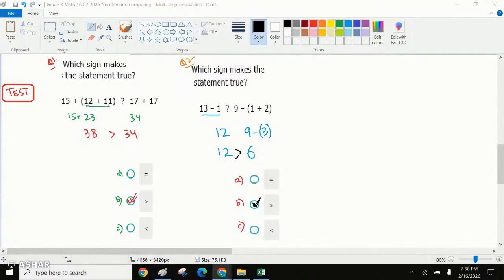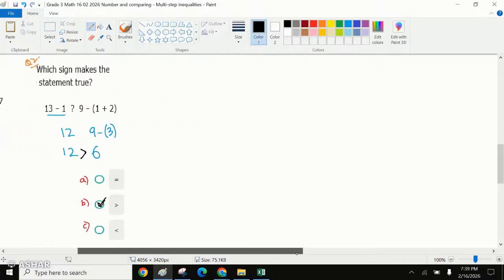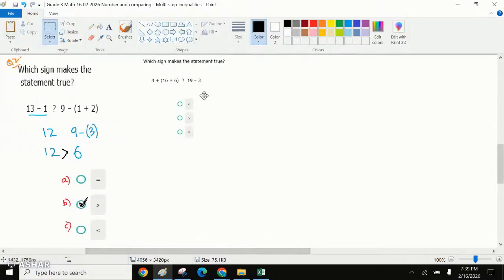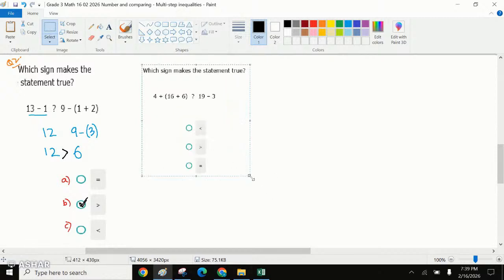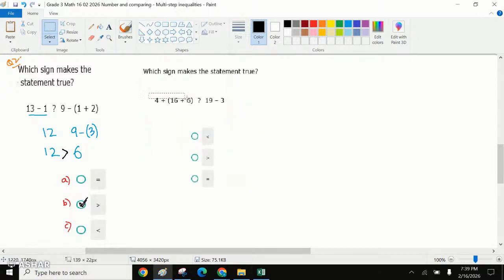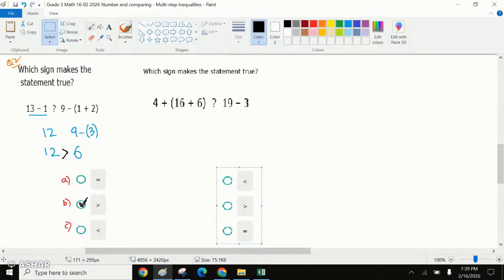The next question number 3 says, which sign makes the statement true? This is our question number 3.